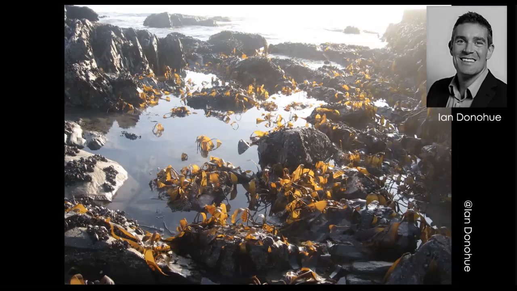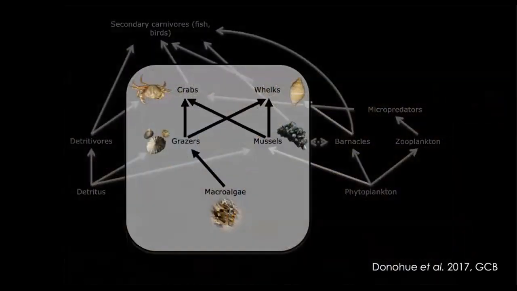These communities can be simplified in such a cartoon network. We have groups of predators that are crabs and whelks that consume primary consumers that are grazers and mussels. And the grazers consume macroalgae that are composed of about 16 macroalgae taxa in this web.